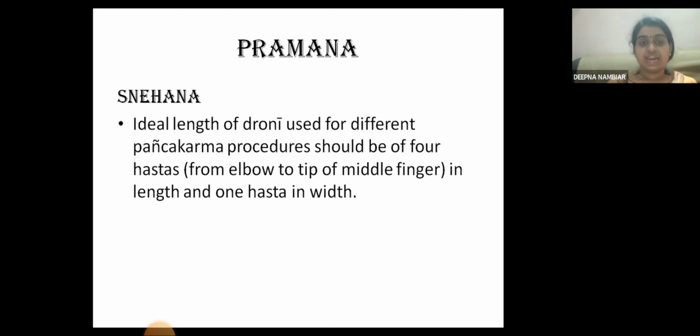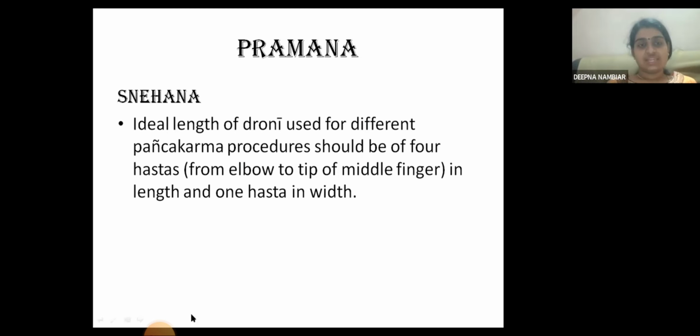And usually the ideal length of the Droni for Panchakarma should be 4 hastas in length and 1 hasta in width. See, this Pramana is important to maintain a proper width and length to facilitate all the procedures. The patient should be comfortable, and also the whole procedure should be carried out in a very smooth manner. So the importance of Pramana starts from the first procedure itself, Snehana, and the first important factor that is the instrument we need is the Droni itself.